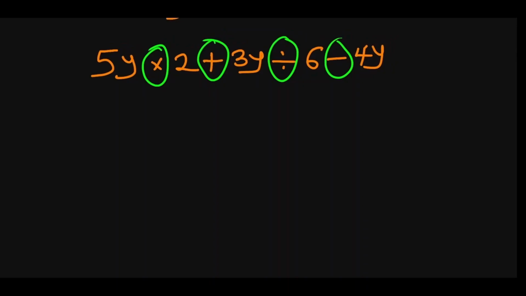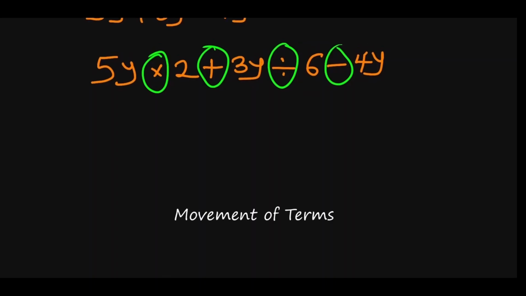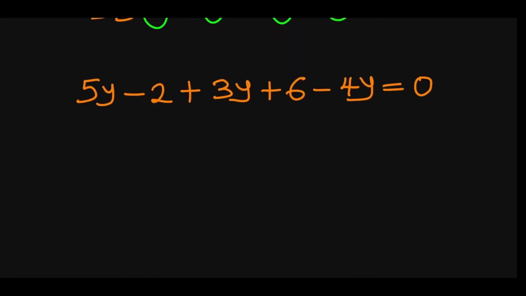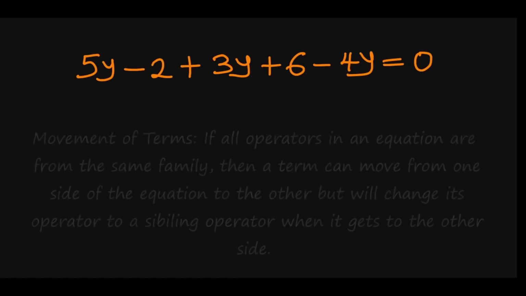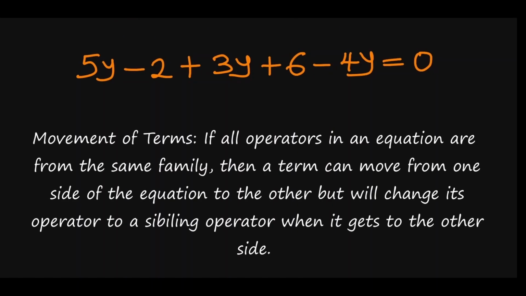The third and final rule that we are going to look at is what I call movement of terms. What does it mean? Let us take a look at this example on the screen. What we are saying in this third rule is that you can move a term from one side of an equation. That's if we are dealing with an equation. Remember the previous examples were all about expressions.